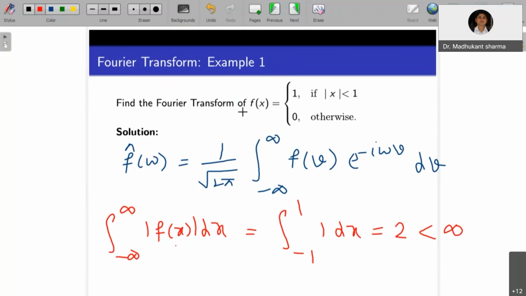So certainly f is piecewise continuous, having points of discontinuity at x equals minus 1 and x equals plus 1. So the second condition is that f is piecewise continuous on every finite interval.